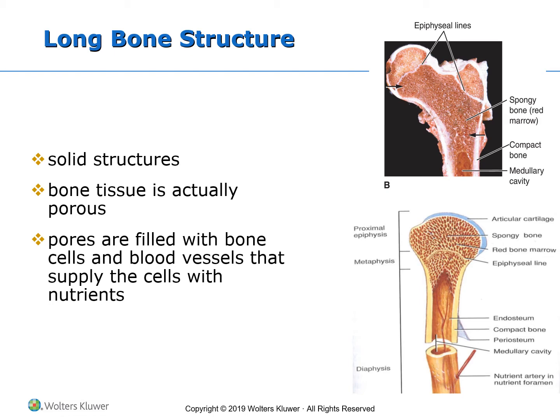The prototype for the long bone will be the humerus, like in this image, or the femur, like in this one. And you can see that one is a real image, a real longitudinal cut inside a femur bone. So when we describe the long bones, those will be solid structures.